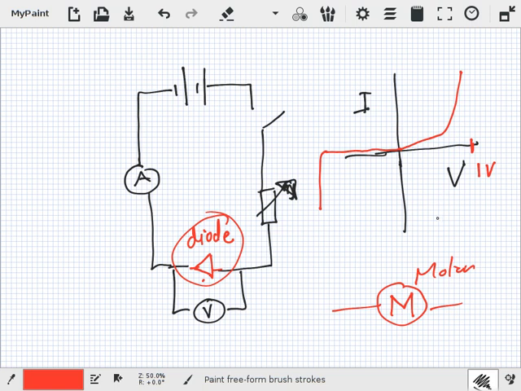More like 1, 2, 3, 4 or 0.1, 0.5. I would just say use millivolts and milliamps. I think they just wanted you to say that the scale is millivolts and milliamps, not kilovolts or something like this.